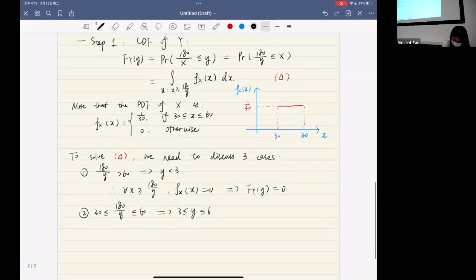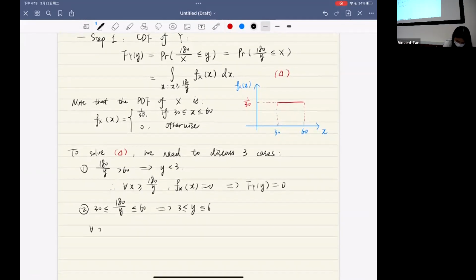So in this interval, for any x greater than 180 over y, we integrate in this region, from 180 over y to 60.